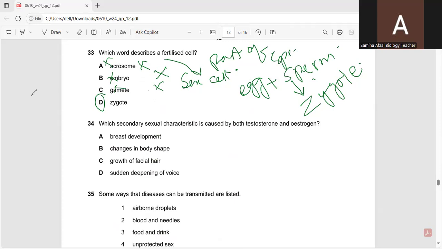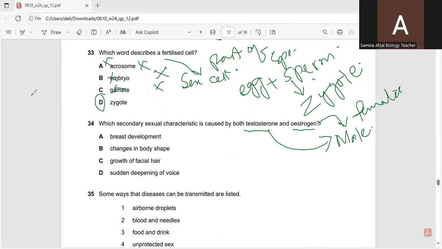Question number 34. Which secondary sexual characteristic is caused by both testosterone and estrogen? Estrogen is the hormone secreted by the female, and testosterone is the hormone secreted by the male. These are the reproductive hormones.